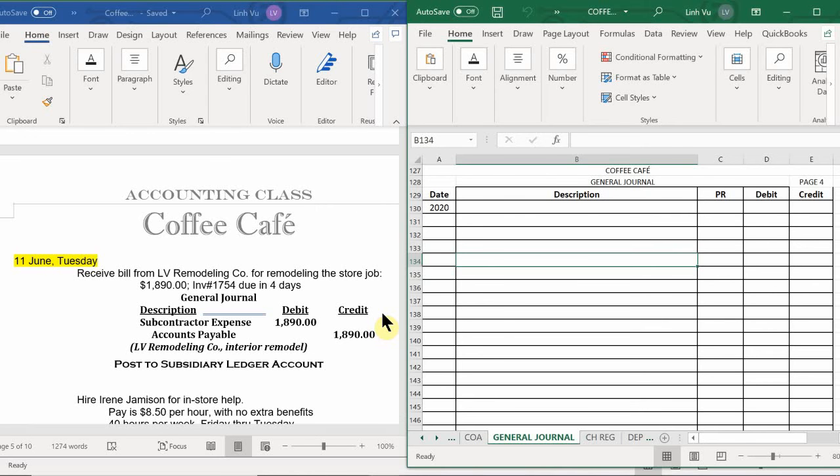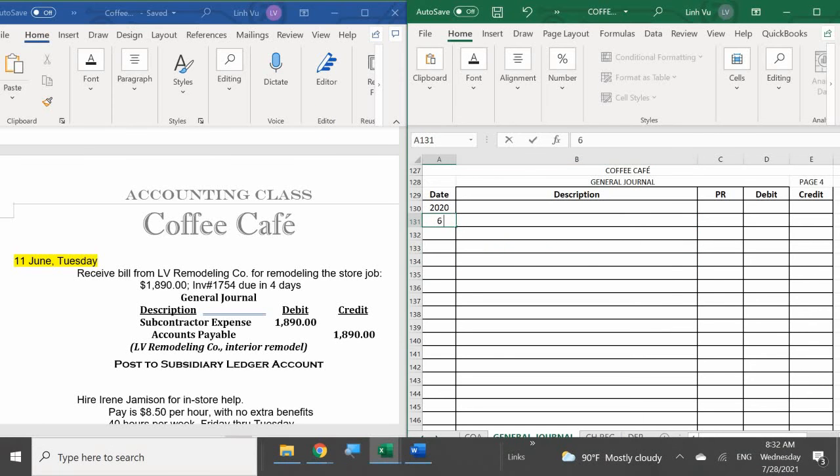If we received a bill, what does that mean? It's due in 4 days. We have a bill to pay. So how do I record that?